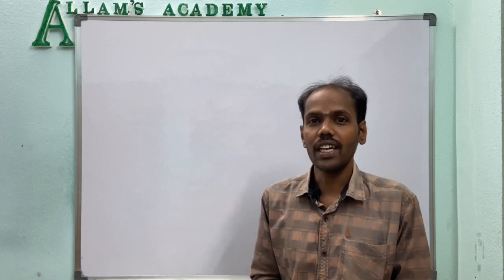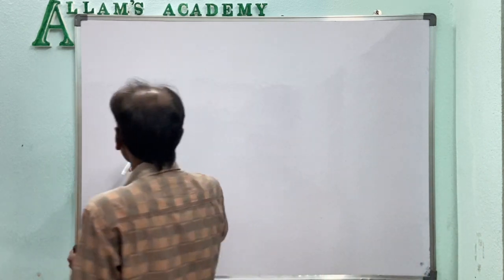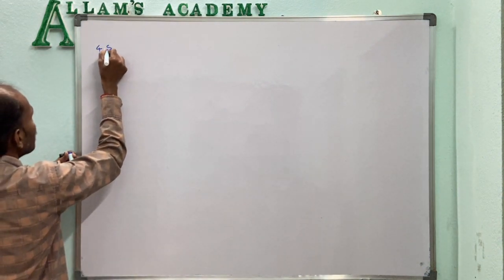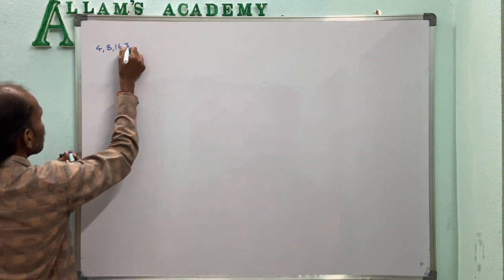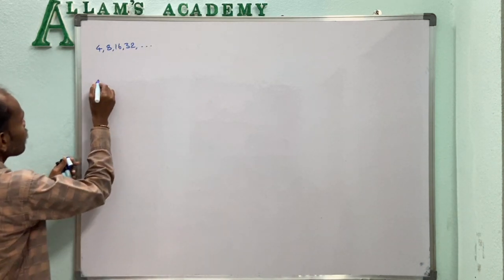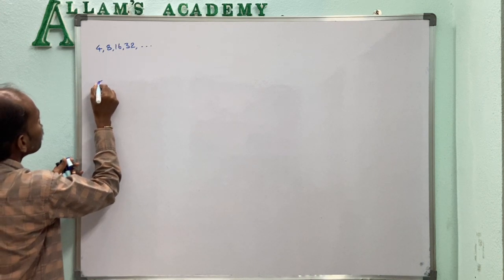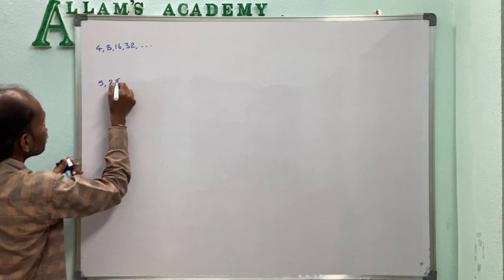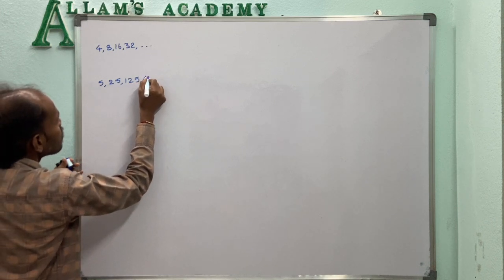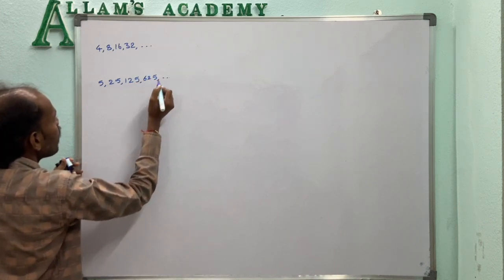Now, let us observe another series: 4, 8, 16, 32, and so on, and 5, 25, 125, 625, and so on.